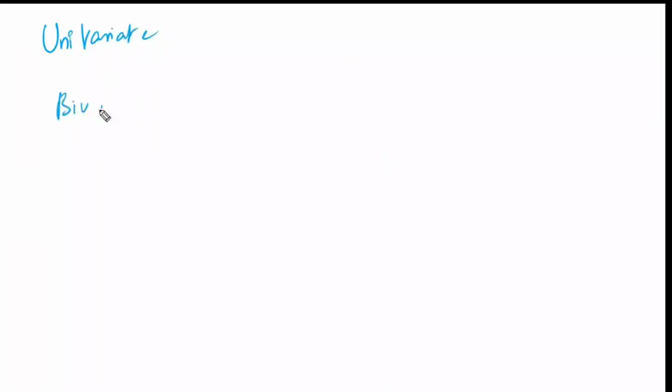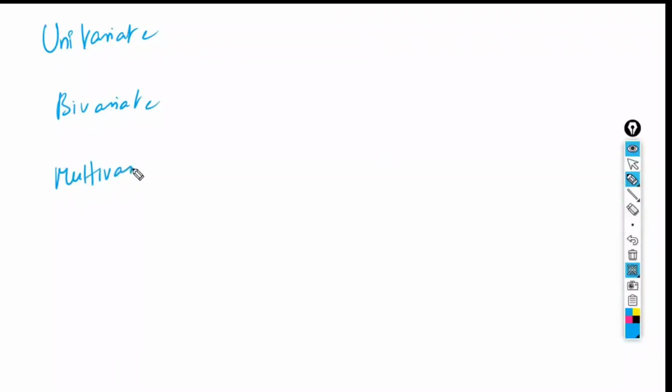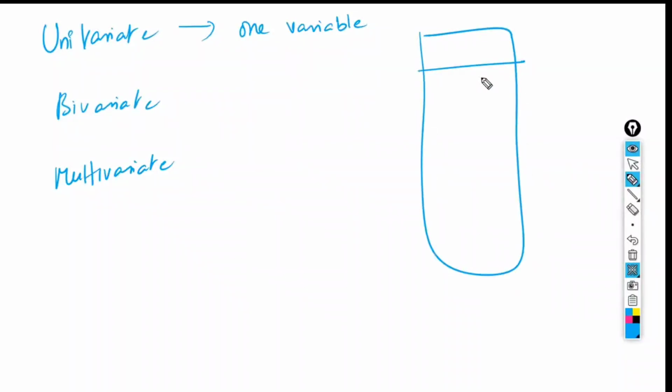Now here, the most important thing is we are going to do the univariate, bivariate, and multivariate. What is meant by univariate? You are considering only one variable and you are going to make a plot on the single variable, meaning a single column.